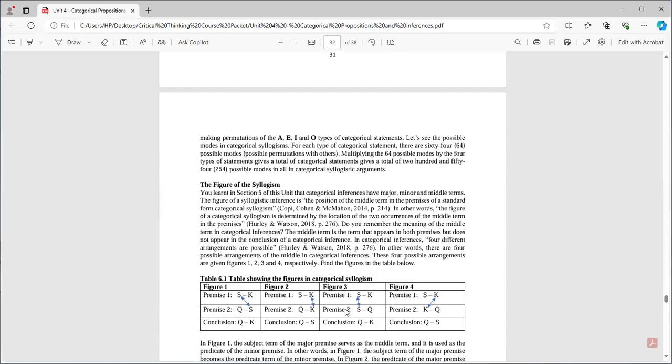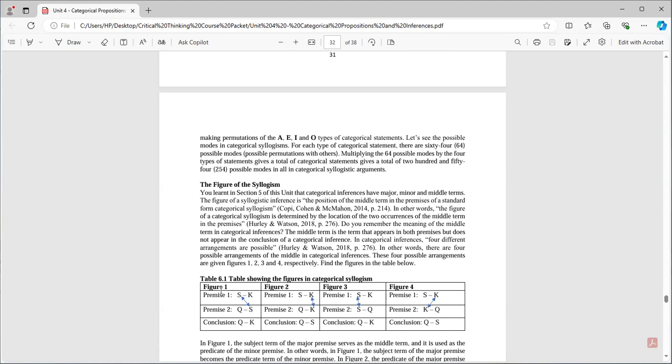Then we have figure. The figure in a categorical proposition or argument is determined by the position of the middle term. We said the middle term is the term that appears in both premises, but does not appear in the conclusion.